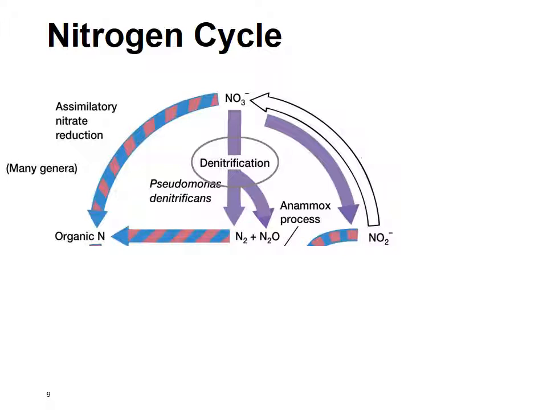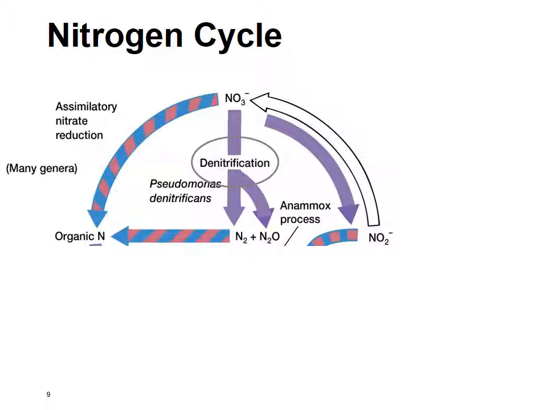Now, for some microorganisms, nitrate serves as a terminal electron acceptor during anaerobic respiration, and this is a form of what's known as dissimilatory reduction. In this case, nitrate's removed from the ecosystem and returned to the atmosphere as nitrogen gas, N2.